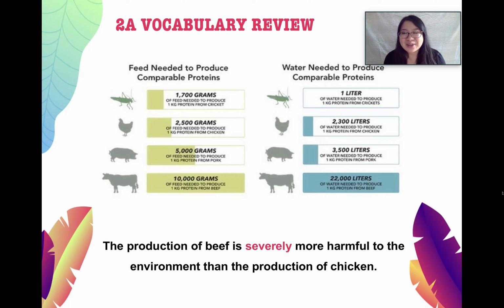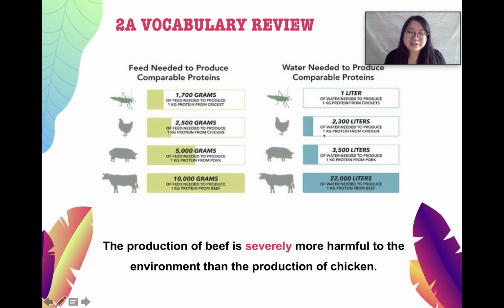Next, the production of beef is severely more harmful to the environment than the production of chicken. And we can see in this infographic just how many resources are needed to produce 1 kilogram of beef. So if we want to create 1 kilogram of beef, we need 22,000 liters of water.